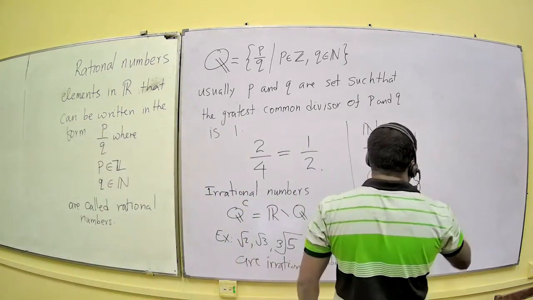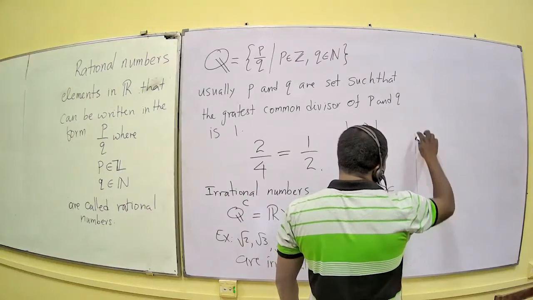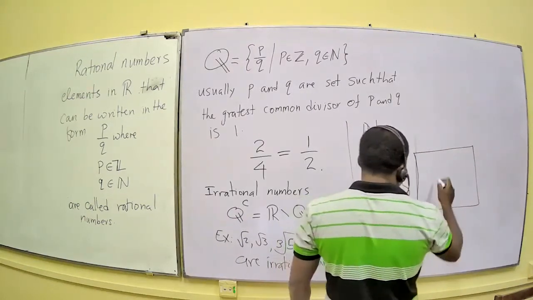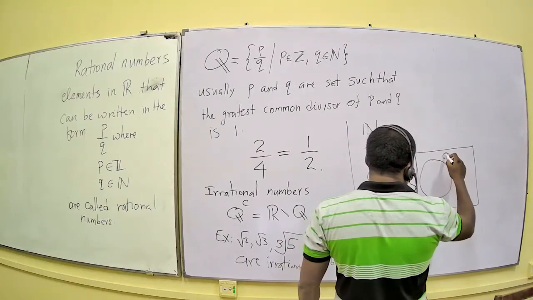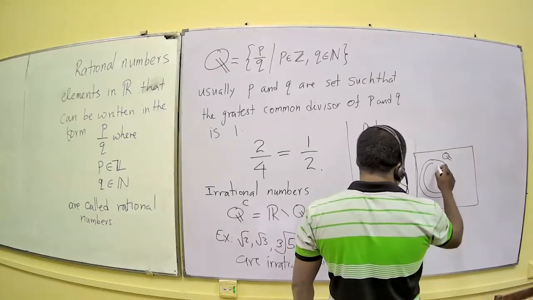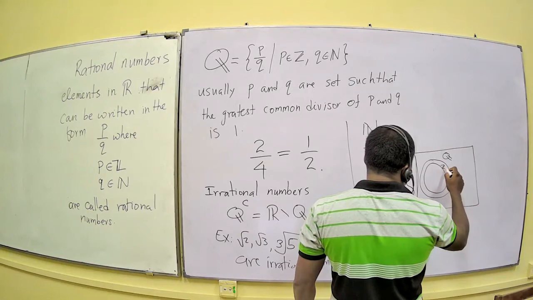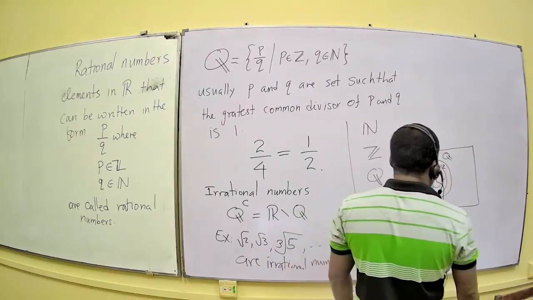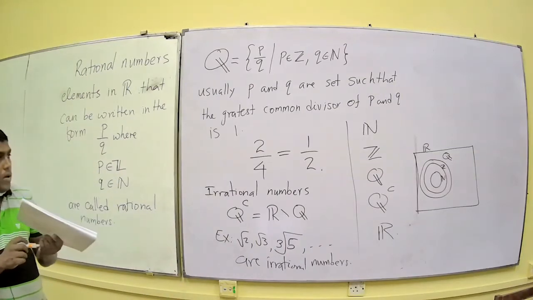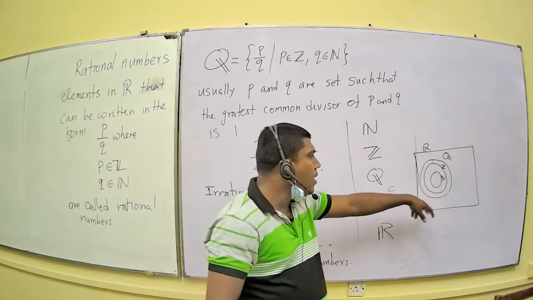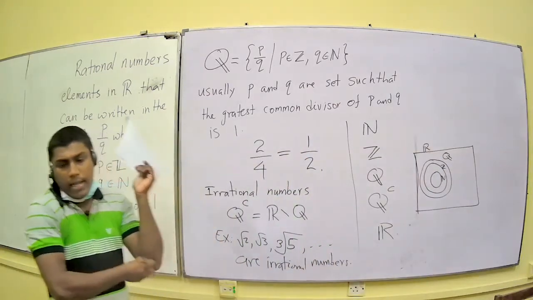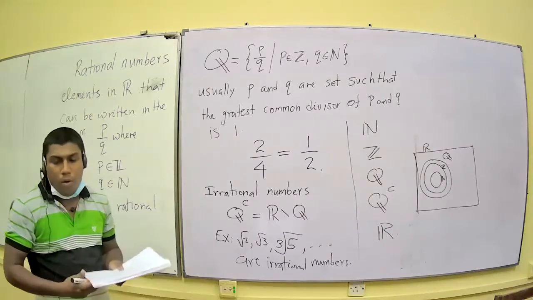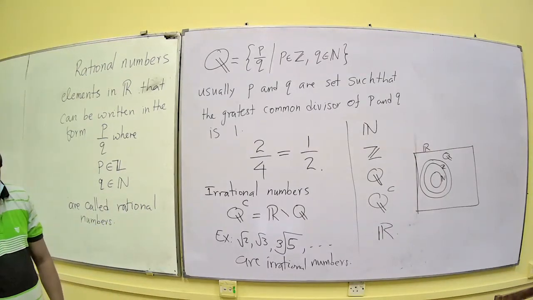If you want to see it as a set, if you look at this, natural numbers are a smaller set, and integers are a larger one that contains natural numbers, and then rational numbers actually contain all the integers and a little bit more, fractions, because you know 1 is also 1 upon 1.